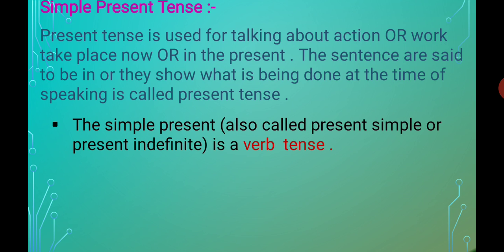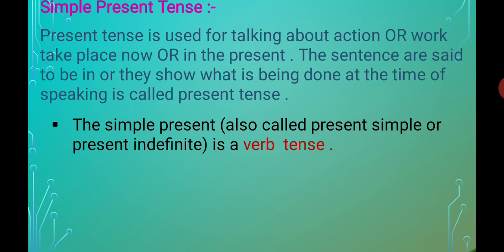Let's see more information about the simple present tense, in another word. The simple present tense, also called the present simple or present indefinite, is a verb tense. All the tenses are based on the verb, right?